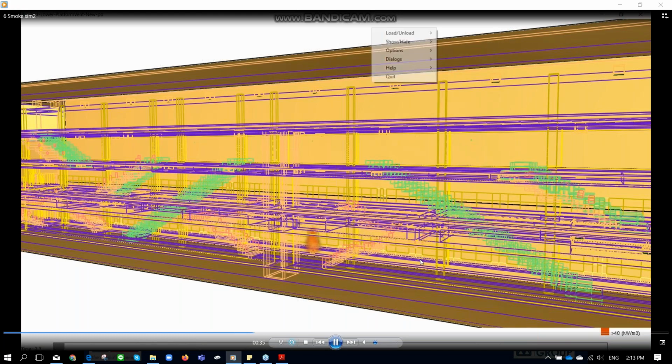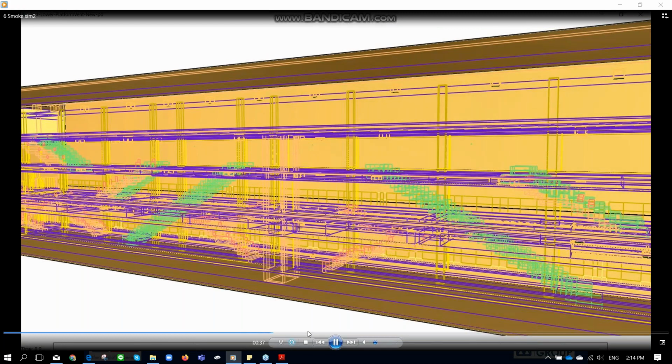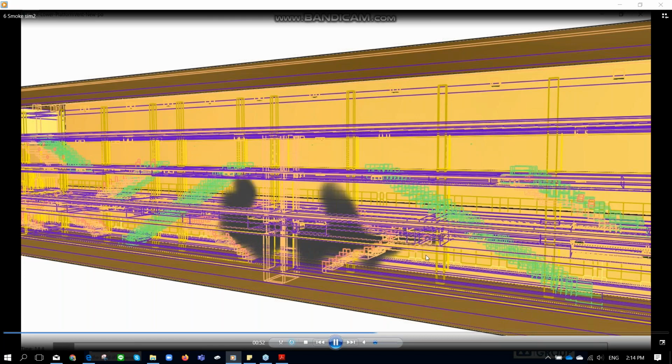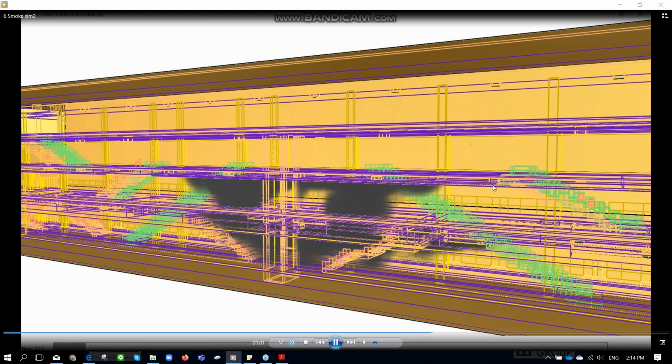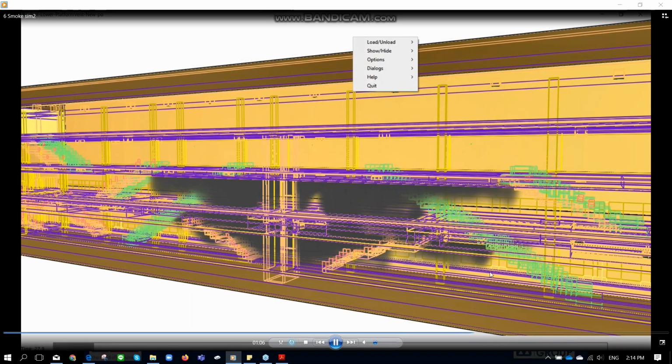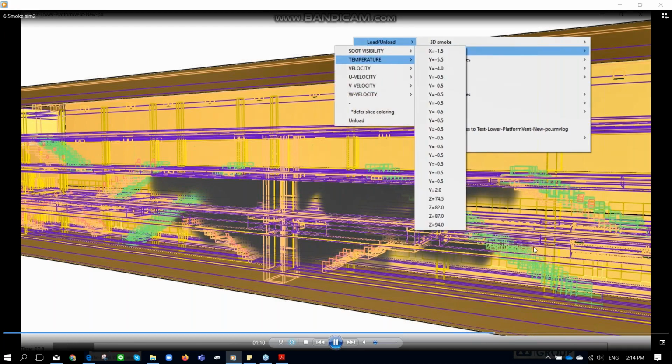According to this result, the exhaust fans could control the spreading of the smoke, heat and toxic gas, so it does not spread to the whole station. So it would allow the passengers time to evacuate without much panic.